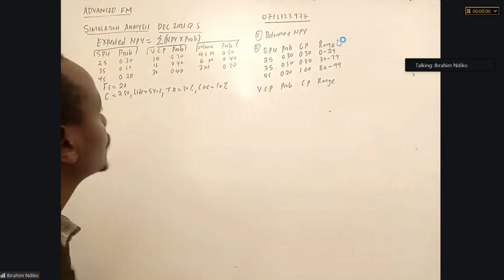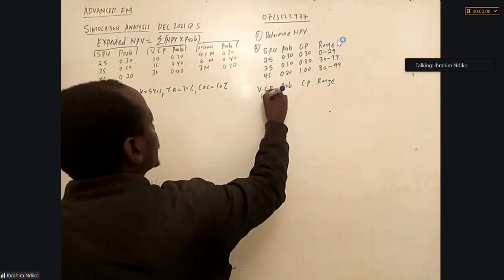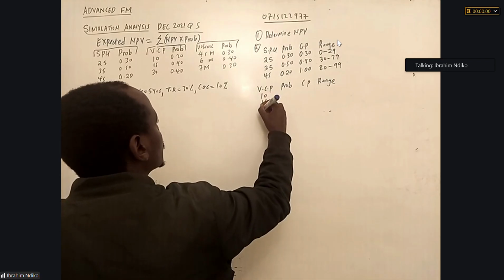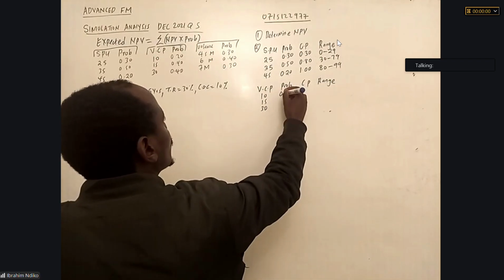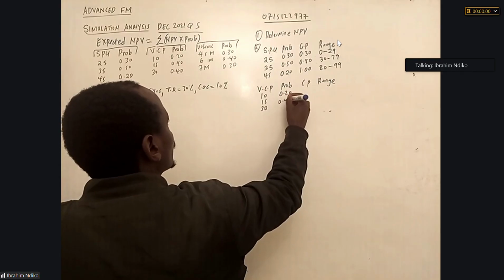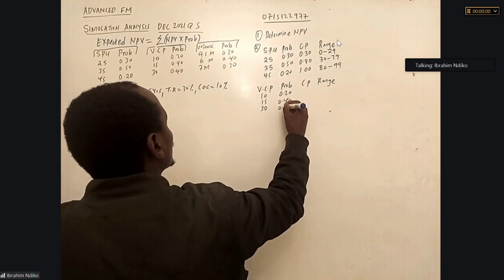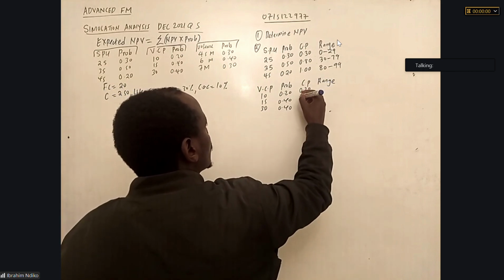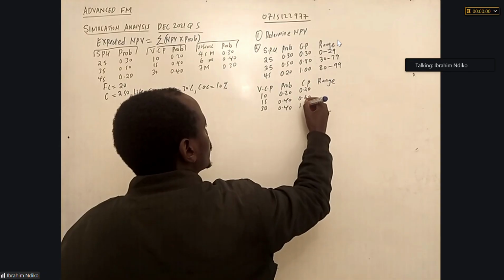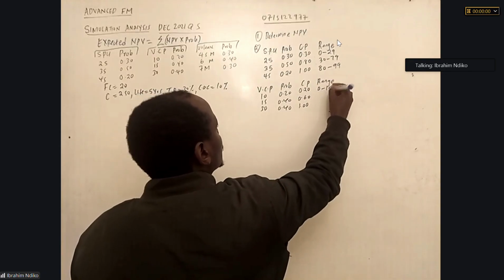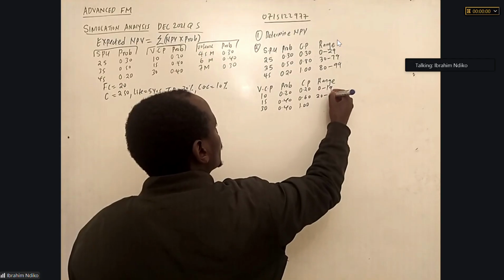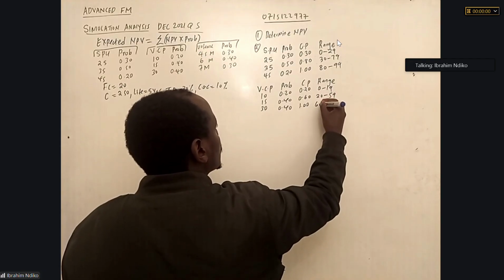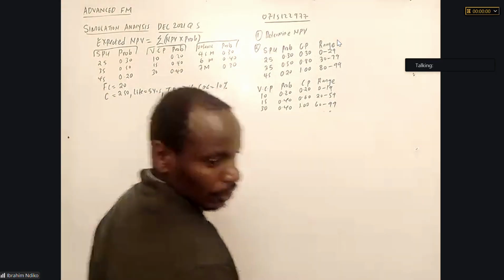Itakuwa 10, 15, 30; 0.20, 0.40, 0.40. Cumulative itakuwa 0.20, 0.60 na 1.00. Range: 0 to 19, 20 to 59, 60 to 99. Iko sawa?